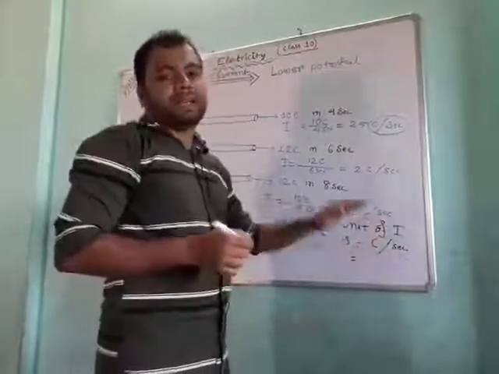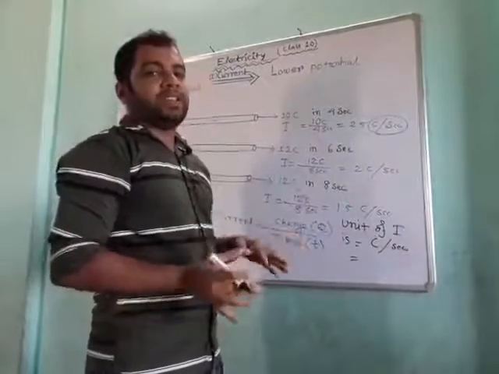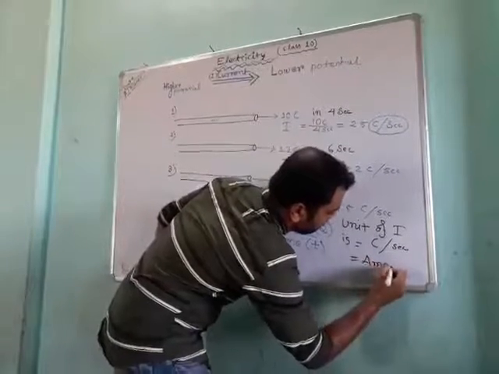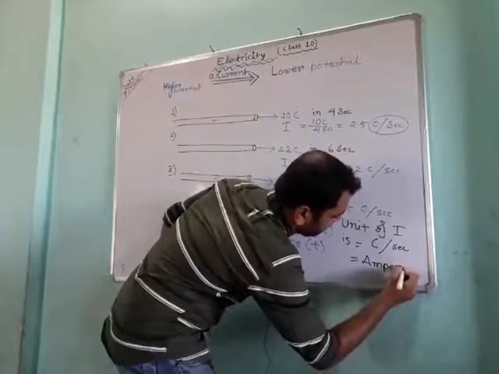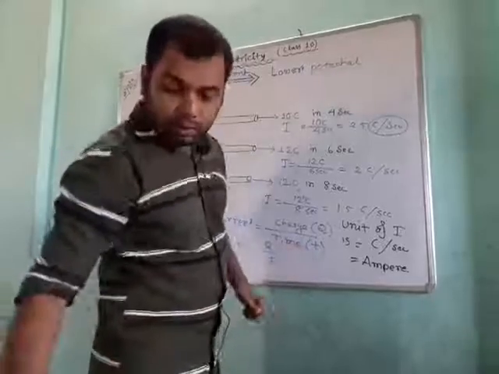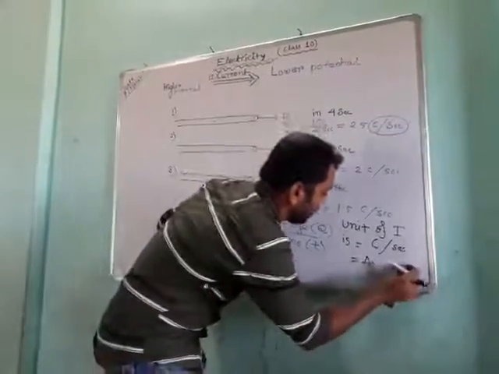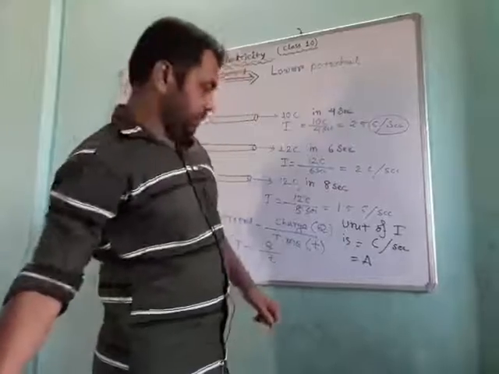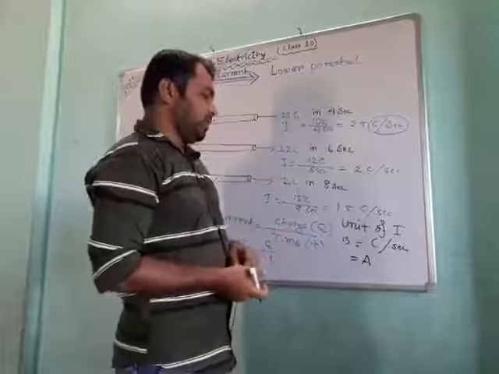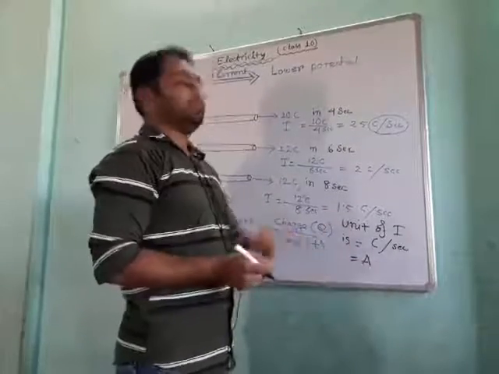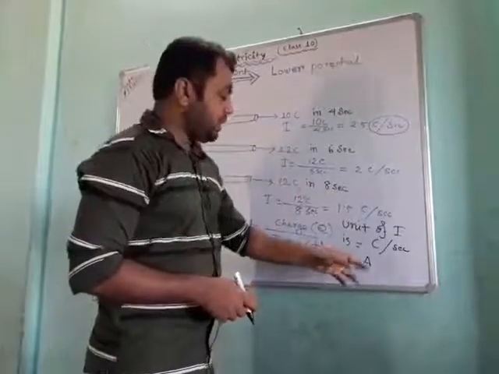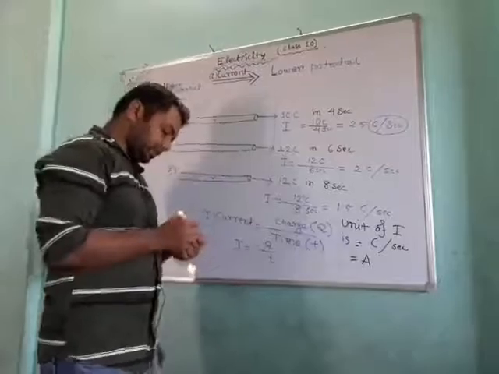This coulomb per second is shortly expressed as ampere, A-M-P-E-R-E. Or shortly we can write only A. So the unit of current is ampere, and coulomb per second is equal to ampere, A.